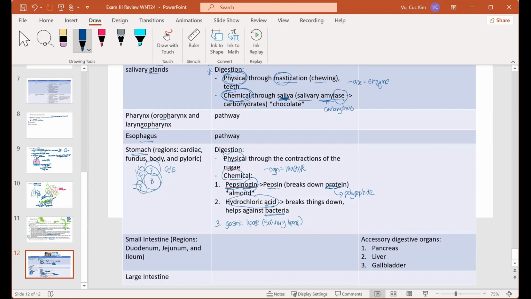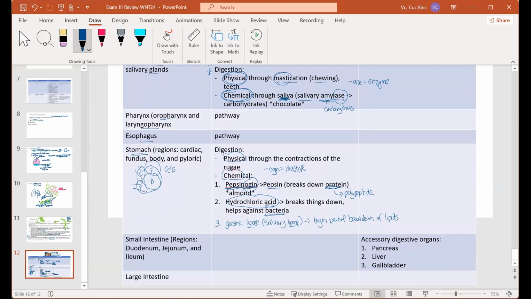So the salivary lipase is produced by the salivary glands, but is not activated until it gets into the stomach. So both the gastric lipase and the salivary lipase are going to begin partial breakdown of lipids.